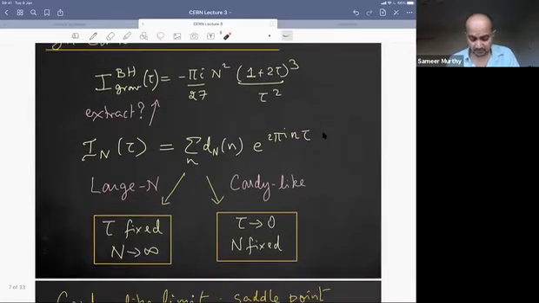And the two limits that we talked about translate to this. Large N means that you hold tau fixed and you take N to infinity, whereas the Cardy-like limit means you keep large N fixed and tau goes to 0. Here I introduced tau goes to 0 a little fast, but intuitively it should be clear that when N goes to infinity, if you're interested in the microcanonical objects, then that's dominated by the tau goes to 0 behavior.